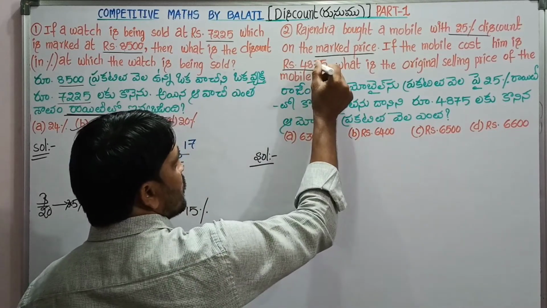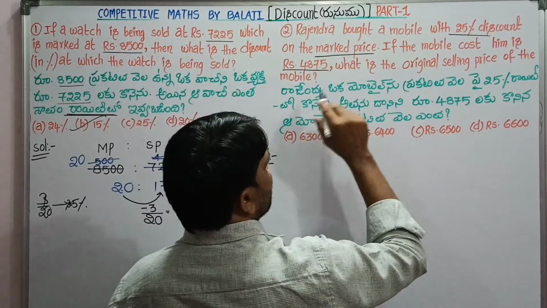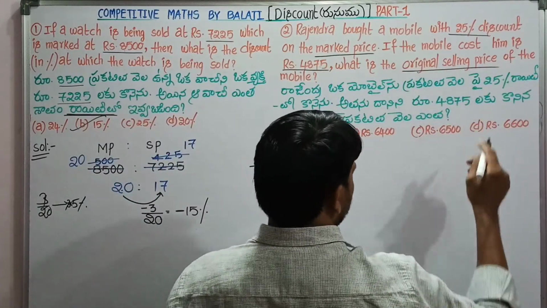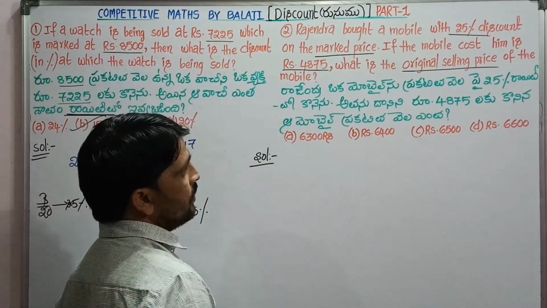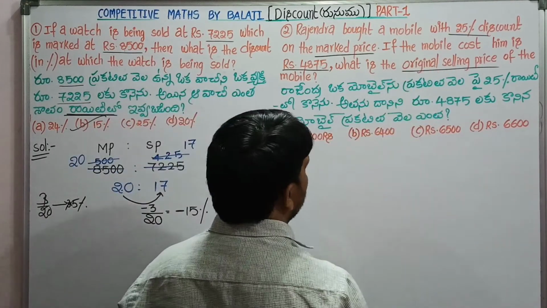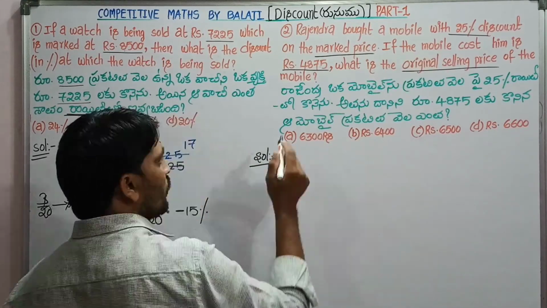That is, selling price of the mobile is 4,875. What is the original selling price? Original selling price is nothing but market price of the mobile. That is, to find the original selling price of the mobile, we have to find market price of the mobile.